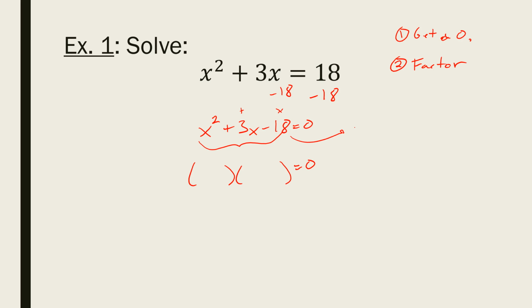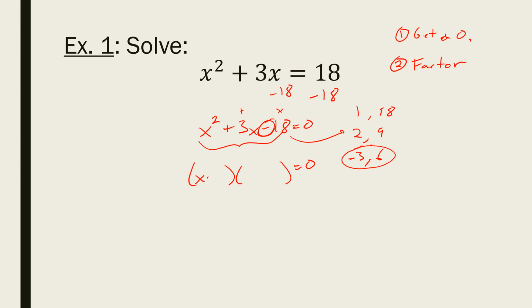I think it's really helpful to systematically list out the different ways of multiplying to 18, like 1 and 18, 2 and 9, 3 and 6, because I can very easily see when I make one of these negative, this is definitely the winning option. And remember, the reason I'm making one of them negative is because I need to be multiplying to negative 18.